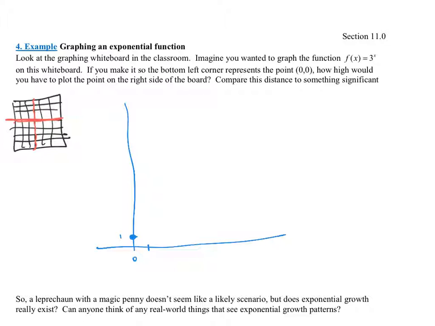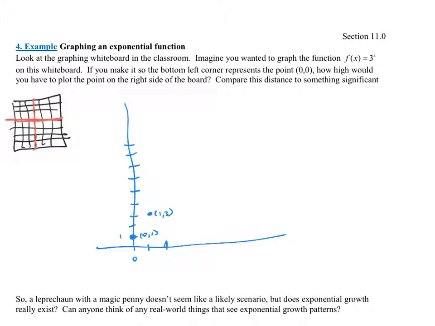And then after 1 night, it wouldn't be 2 people sick now. So this would be the point (0, 1). The next one would be (1, 3). And then the next one would be (2, ...). Because we're tripling every single time, now it'd be all the way to 9, so there'd be 1, 2, 3, 4, 5, 6, 7, 8, 9.